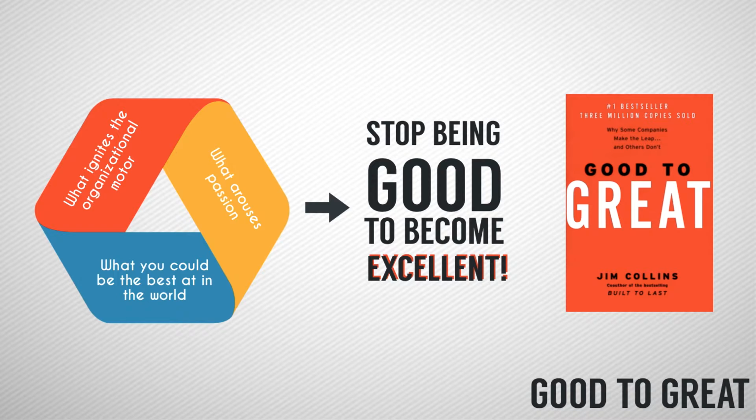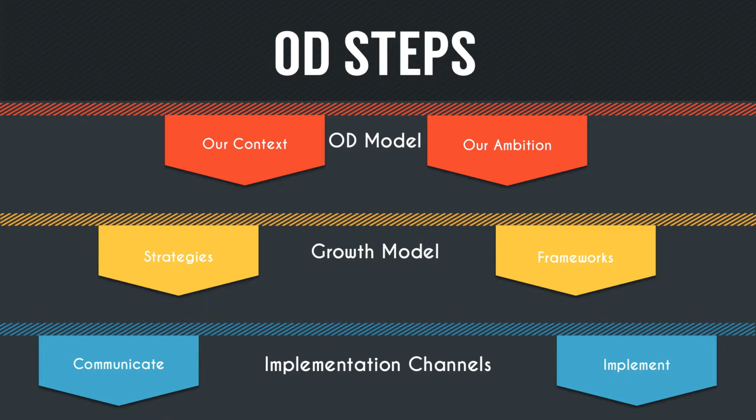And we talk about 3 steps around organizational development here in AIESEC in Brazil. First is the OD model itself, which is the context that we are placed in. So we look at the national entity, the big picture of it, and then we establish ambition. For example, last year we had the ambition to have 2 LCs in the top 10 in each operation.